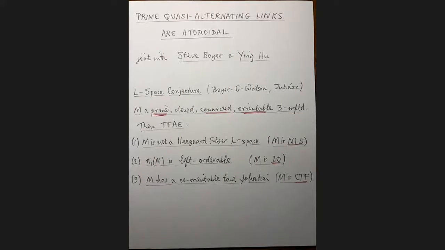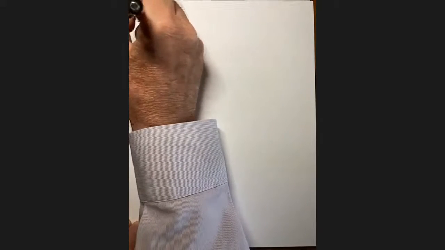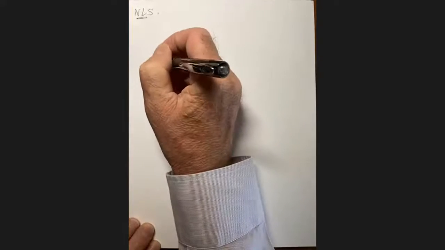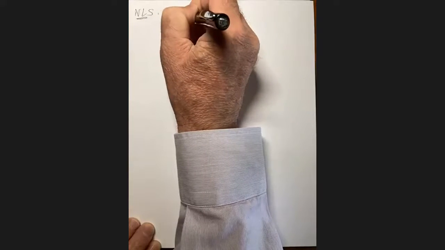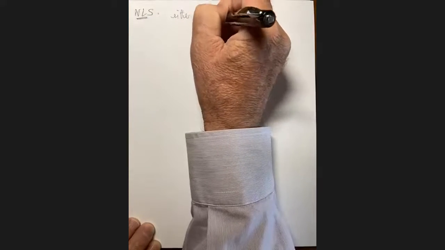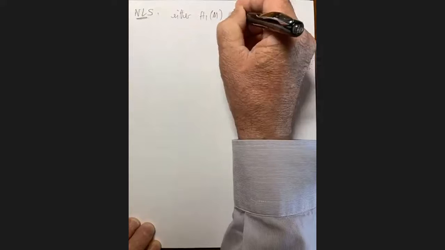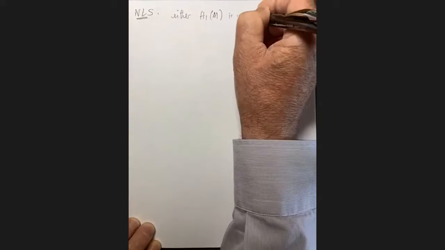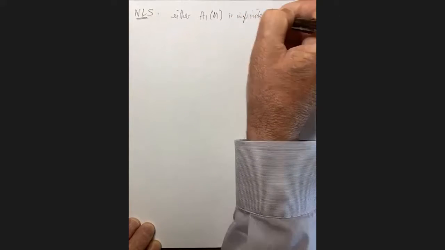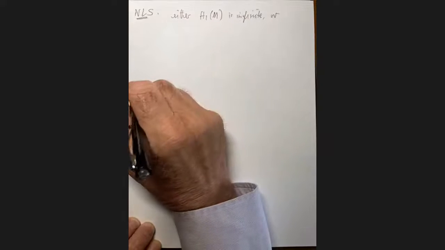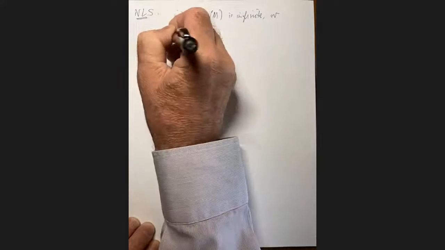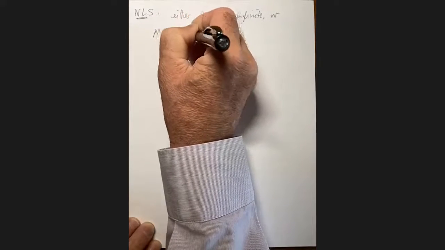Let me just say something about these three conditions. Most of you know it, but let me say it anyway. So NLS: a manifold is NLS if either it has infinite first homology, or it has finite first homology, in which case it's a rational homology sphere.